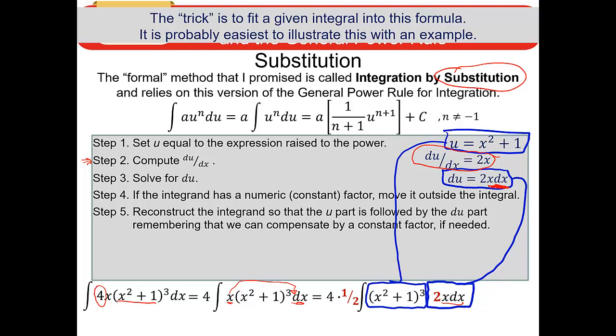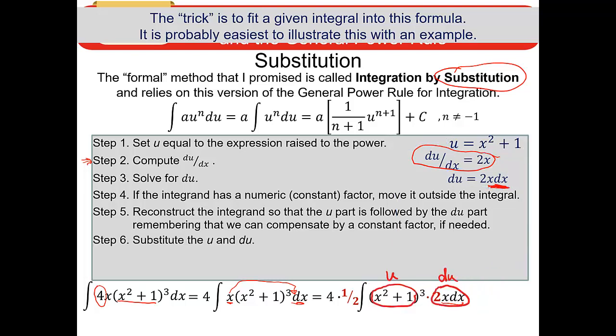That is so crucial, and if it takes you an hour of going back and forth, working this problem again and similar problems to make that click in your brain, it is well worth your time because this is a critical step. But once you do that, you can see that you've got a clear substitution. You can get rid of all your x's and just put in u's, because the first part of the integrand is the x squared plus 1 cubed. That just becomes u cubed. And the second part of the integrand, the 2x dx, just becomes du.